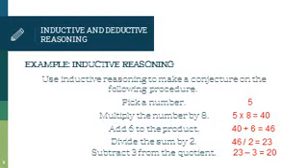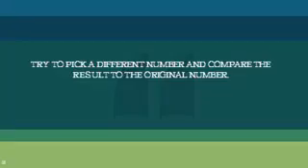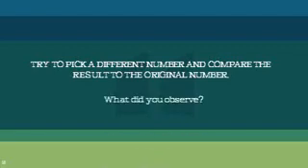So, dito ang ating original number is 5. Then, ang answer natin is 20. Kukompare natin dun sa ating original number. Try to pick a different number and compare the result to the original number and make a conclusion. Kaya tinatanong kayo, what did you observe?